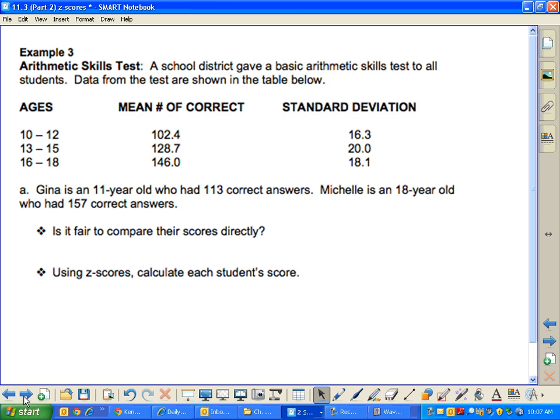We can use z-scores to do such a thing. What we're going to go ahead and do is calculate each lady's z-score using our z-score formula. So in the next bullet, we are going to calculate a z-score for Little Miss Gina and then Big Bad Michelle.